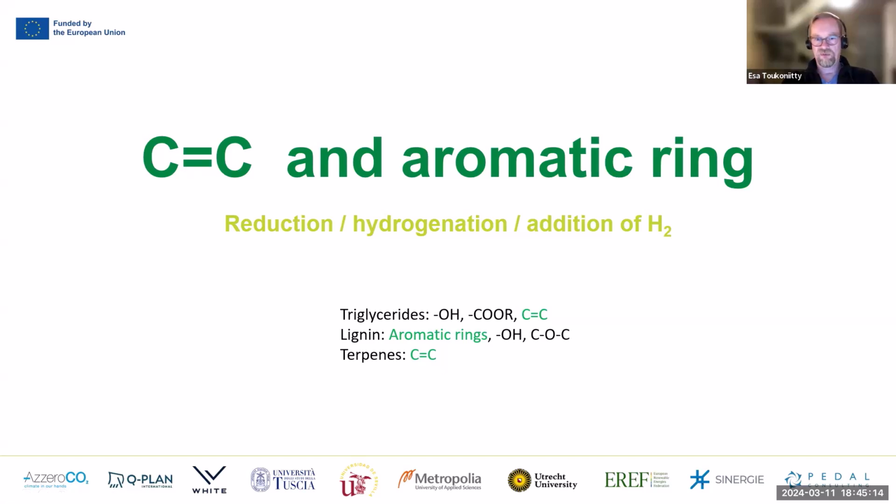And in the making of fuels, the hydrogenation, or hydrotreatment, reduction, sometimes called, is quite a common reaction that is utilized in making of fuels. Oil refinery produces its own hydrogen, and it's used in various parts of that processing.